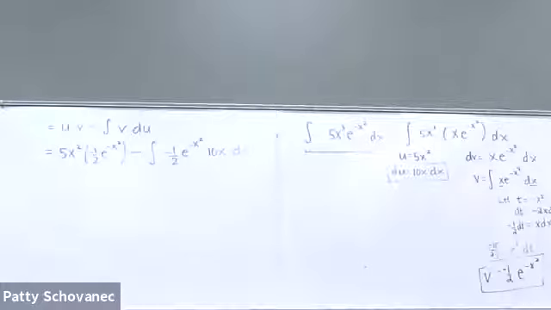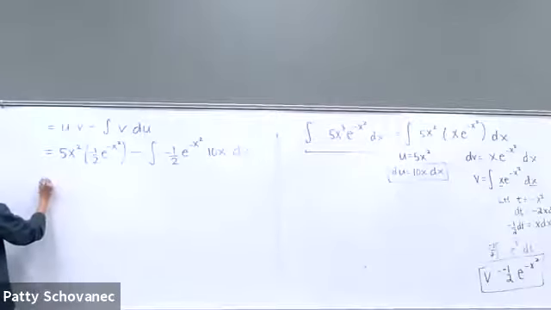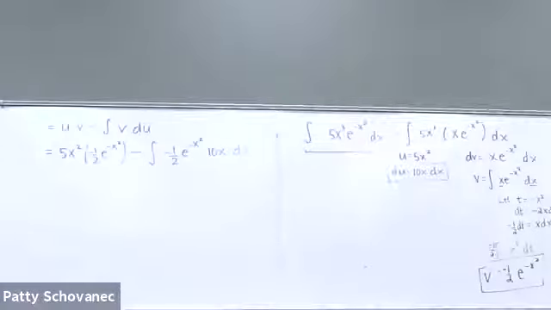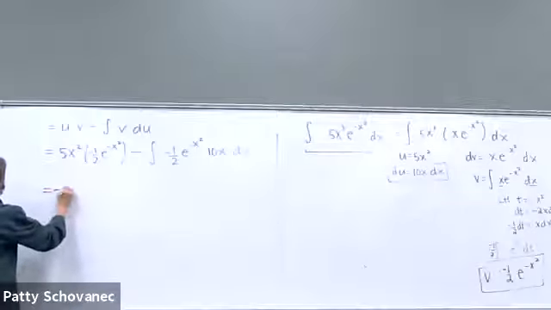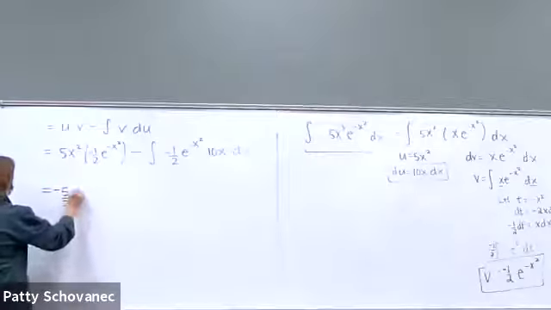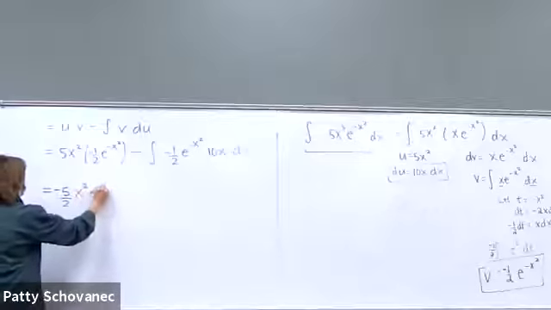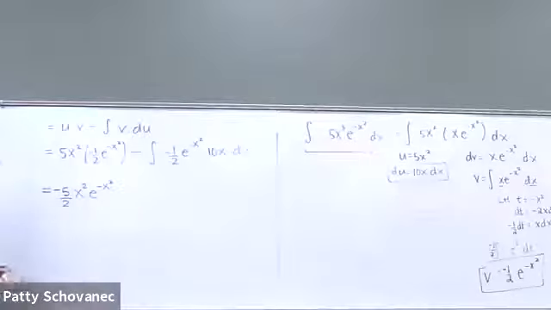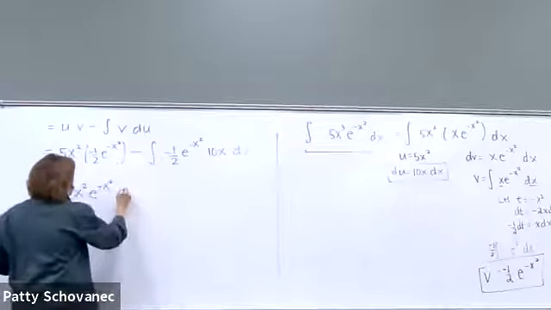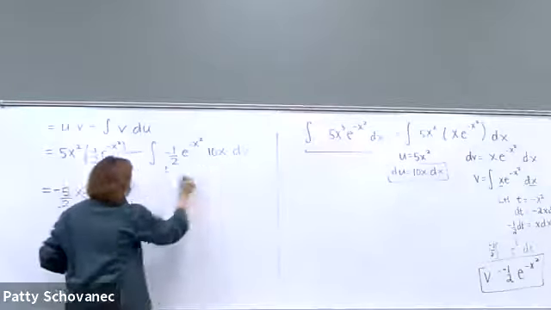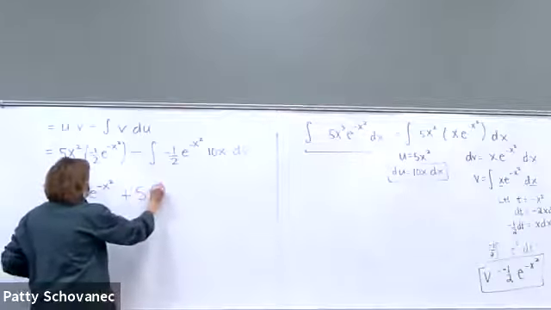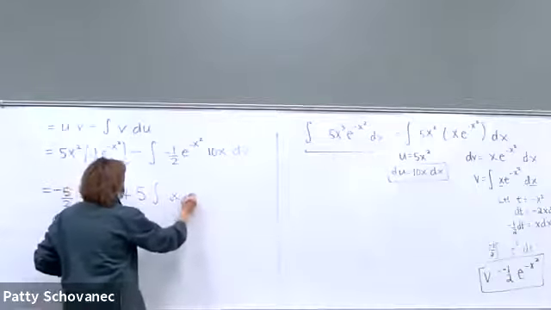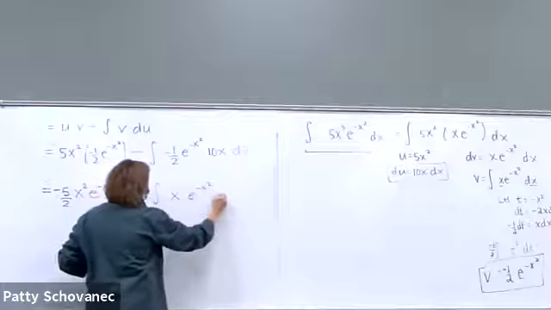Pull that out front, I got two negatives. Let's go ahead and put these two together and write that as a negative 5/2 x squared e to the negative x squared. Then I got a minus to give me a plus. Half of 10 gives me 5. And let me put this in the order of x e to the negative x squared dx.